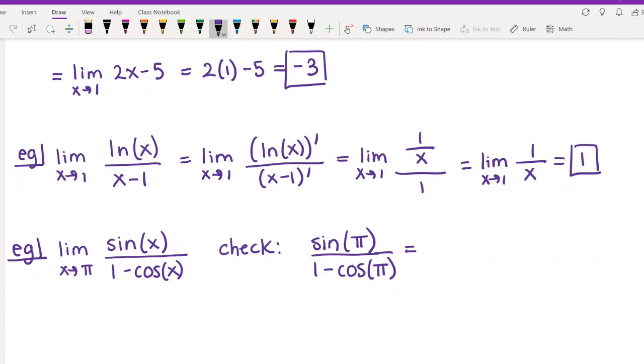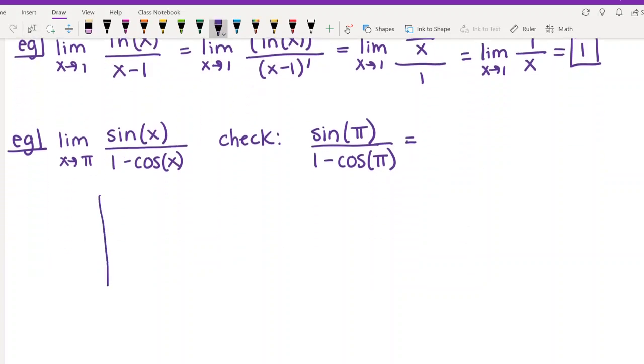So what is sine of pi? If we go on the unit circle and look at an angle of pi, so here's pi. The y-coordinate is 0, so sine of pi is 0. And then cosine of pi is -1.